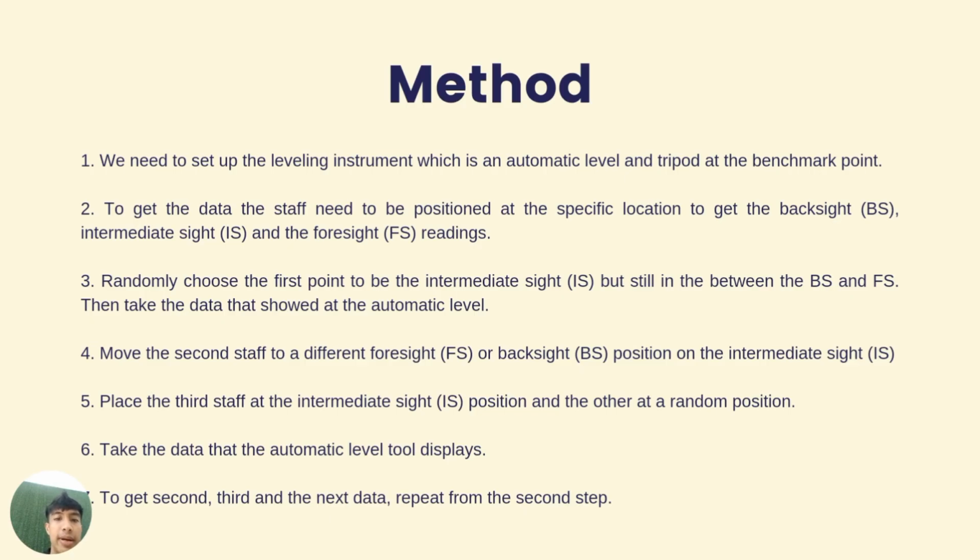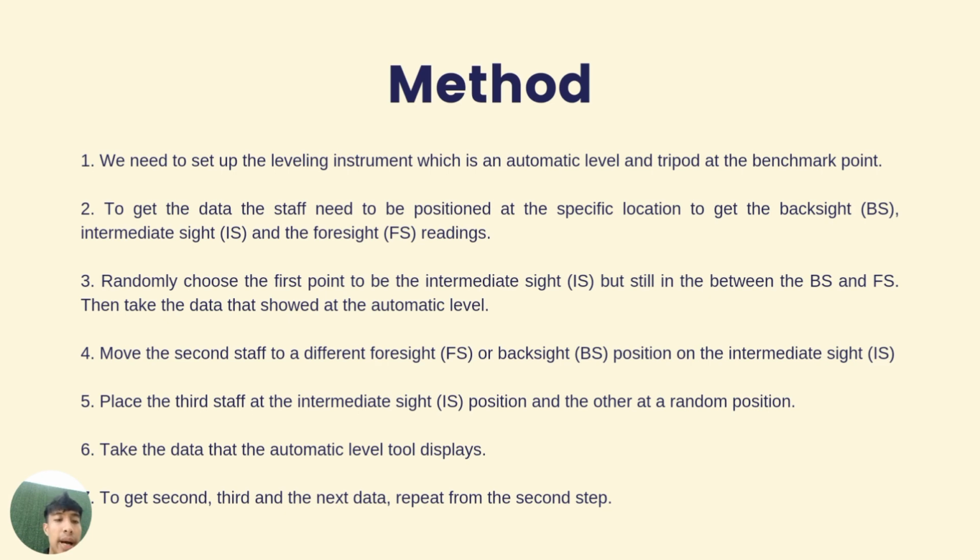For the next part, the method of work. Firstly, we need to set up the leveling instrument, which is an automatic level and tripod at the benchmark point. Next, we need to get the data. The staff needs to be positioned at a specific location to get the backsight, or BS, intermediate sight, IS, and the foresight, FS, readings.